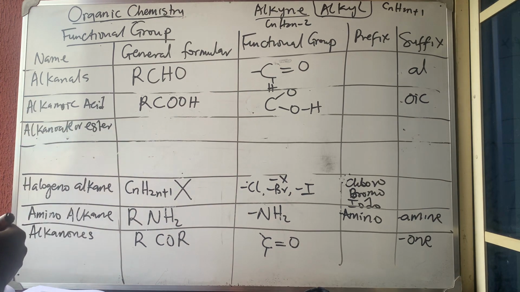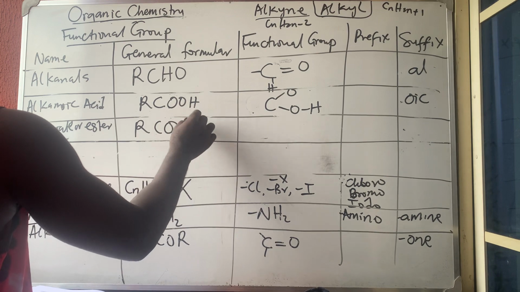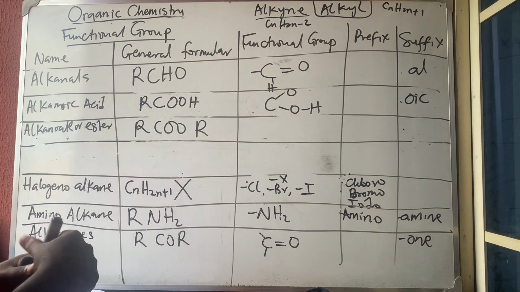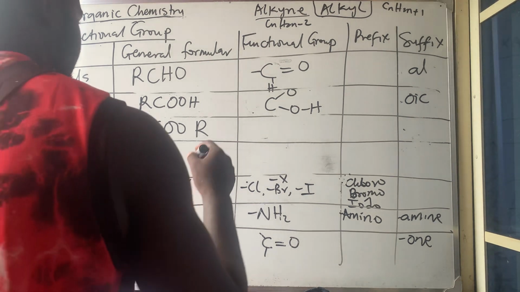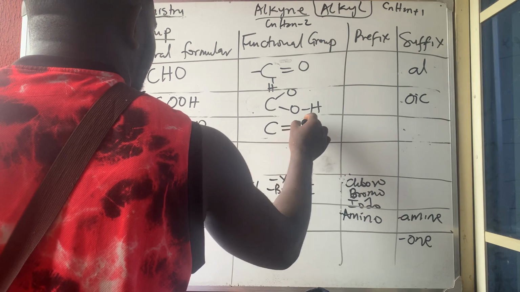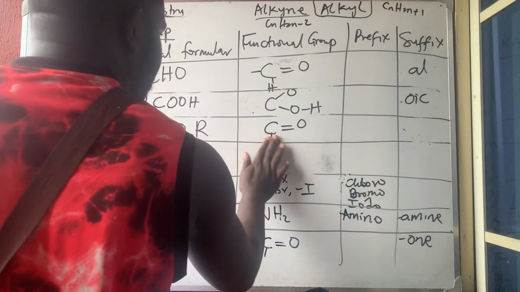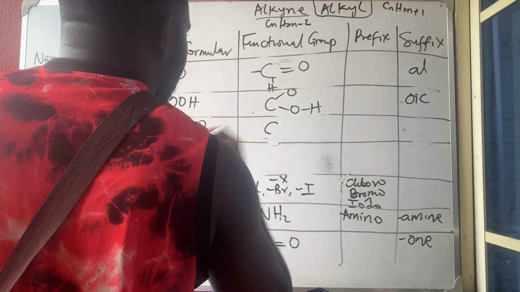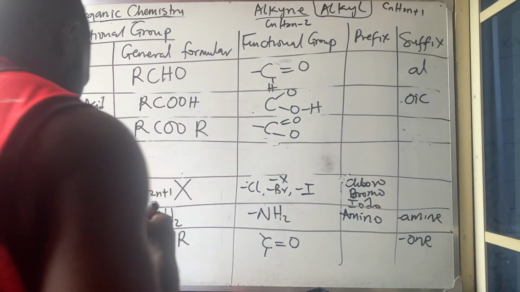Now, alkanoate is RCOOR. Their functional group is COO. So this is their functional group: C double bond O, then one bond to this side O, and then we have another R here.